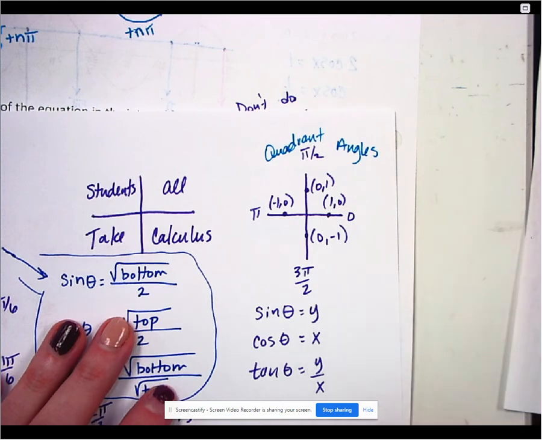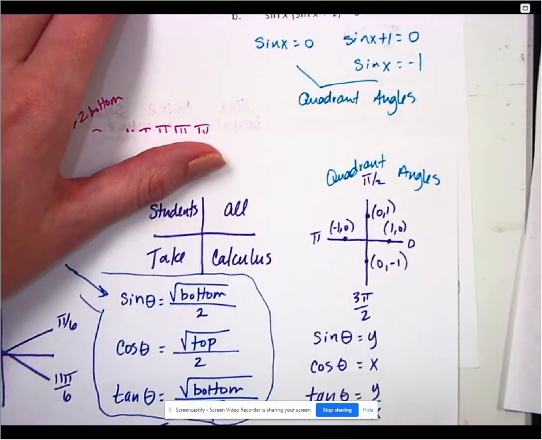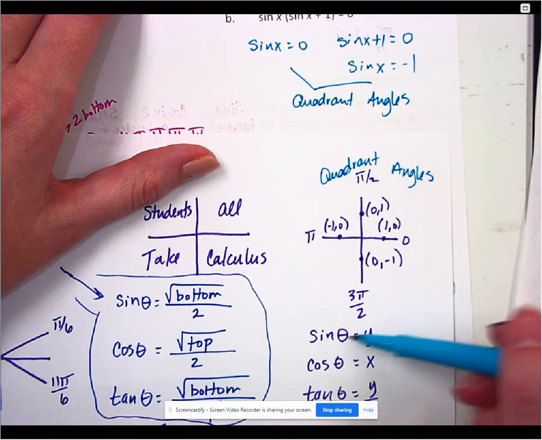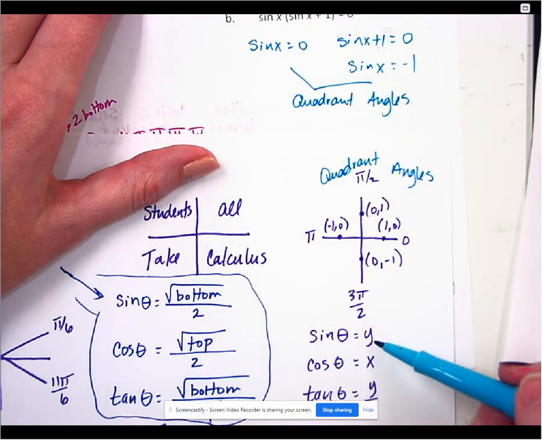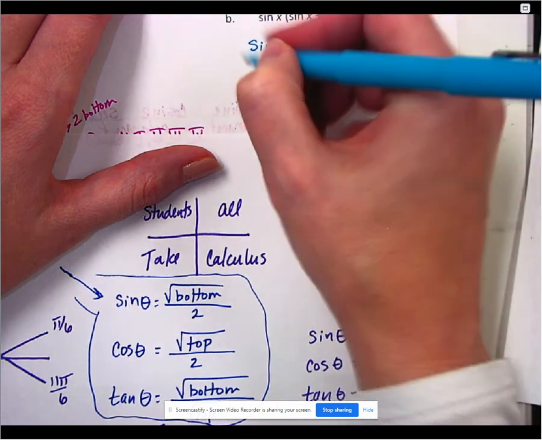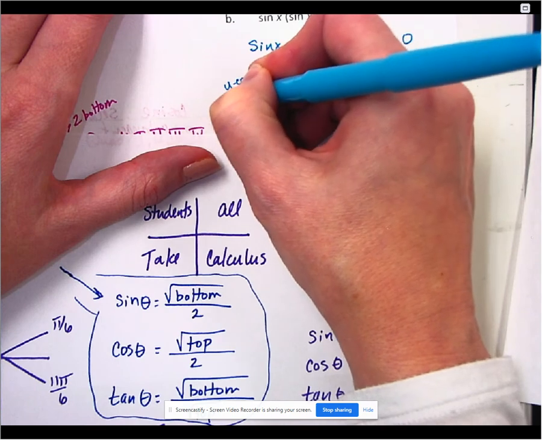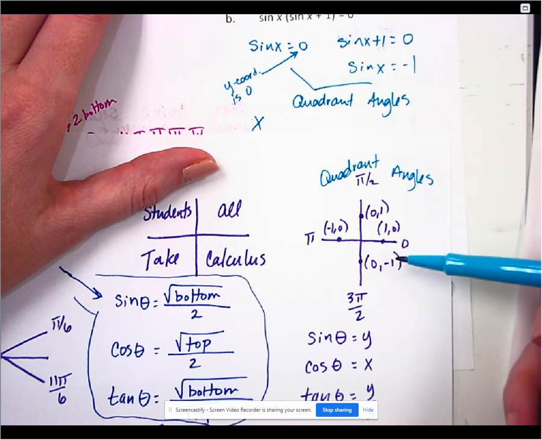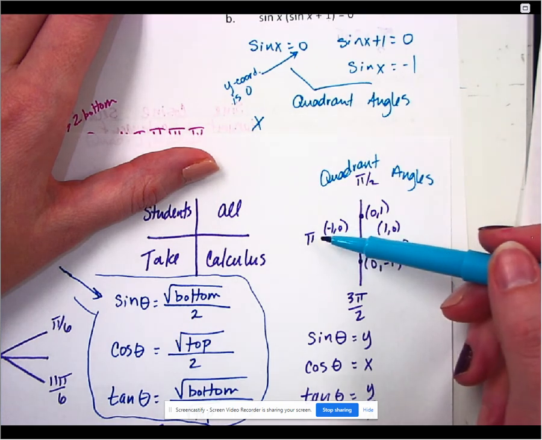Okay, and so for sine on these quadrant angles, we use the y coordinate. So if I want the sine of the angle to be 0, I'm looking for an angle where the y coordinate is 0. Okay, and so that is going to be 0 and pi.